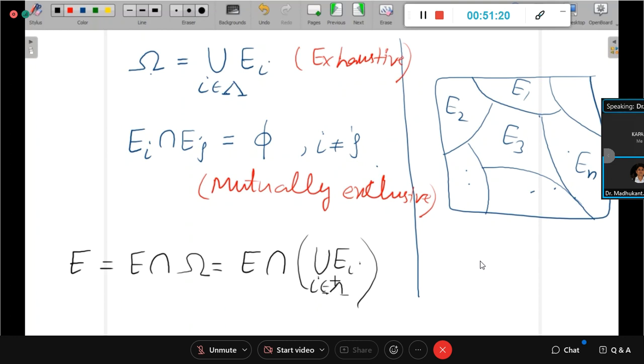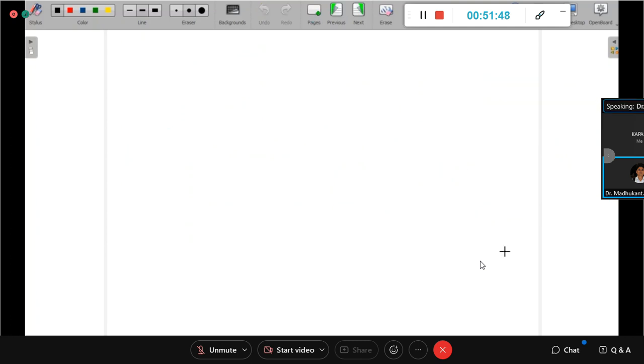If you know the relation between intersection and union, and apply the distributive law, it's going to be: you take the intersection with each member, and then take the union. So E intersect E_i and then take the union. Both will be the same thing.